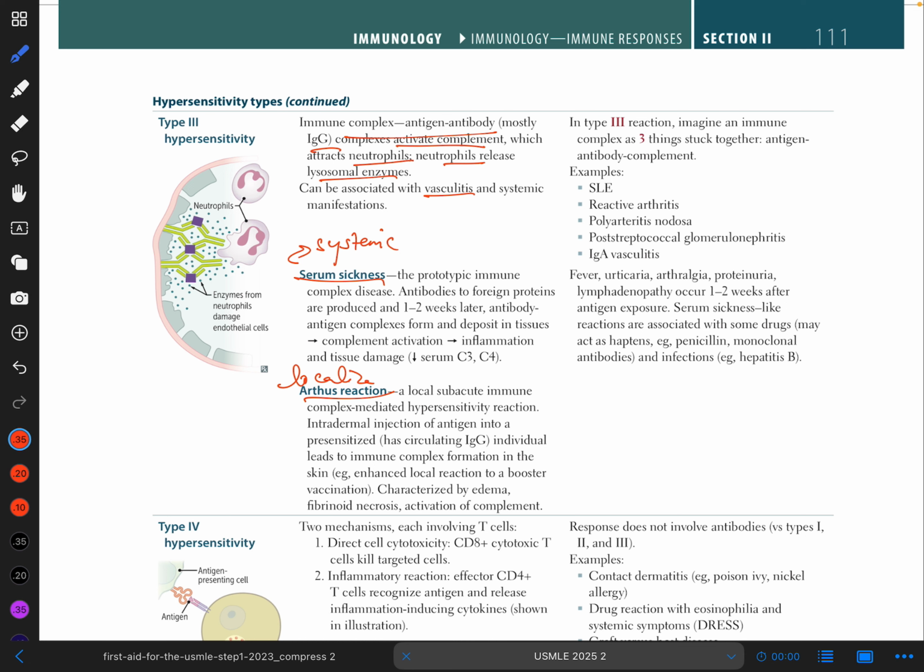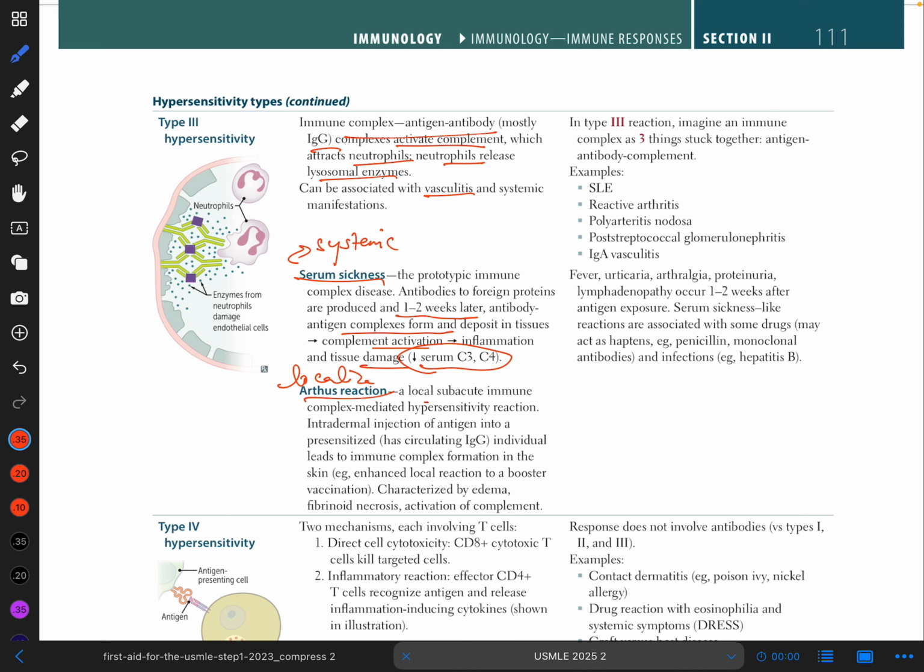In prototypic immune complex disease, antibodies to the foreign protein are produced 1 to 2 weeks later. Antibody-antigen complexes form and deposit in the tissues, complement is activated, and they cause inflammation and tissue damage, with a decrease in serum complement because all the complement is activated, making complexes and depositing.